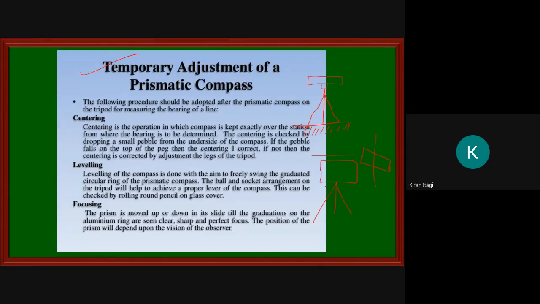So while doing TikTok videos or photography, you made some preliminary adjustments before taking snaps or videos. Similarly, here also, before taking angles or bearings, we will do some preliminary adjustments.